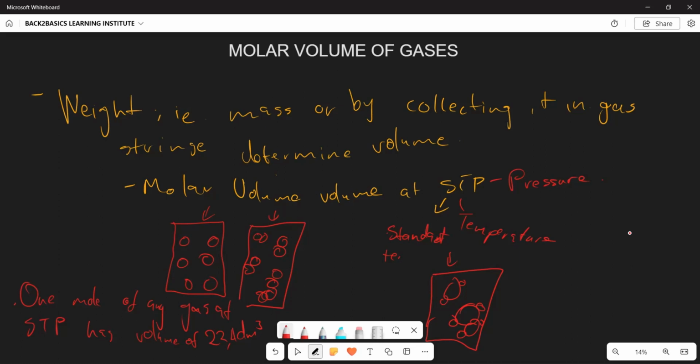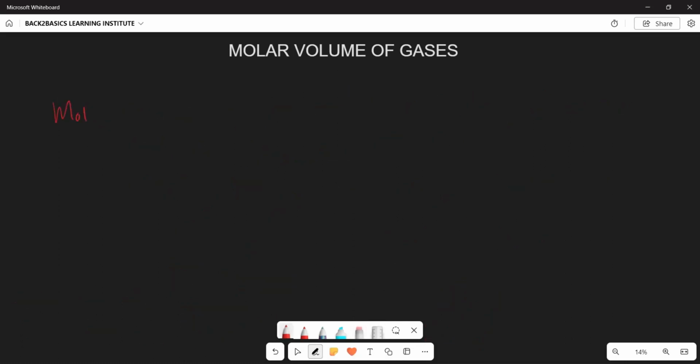I know probably this might not make sense now, but let's start here. The molar volume of a gas is symbolized by Vm, and it is the volume that is occupied by 1 mole of a gas.